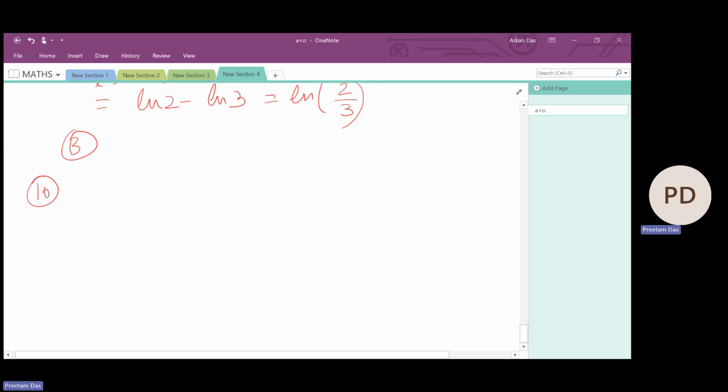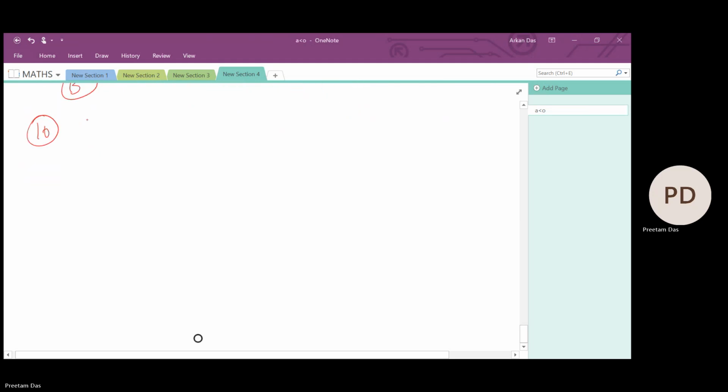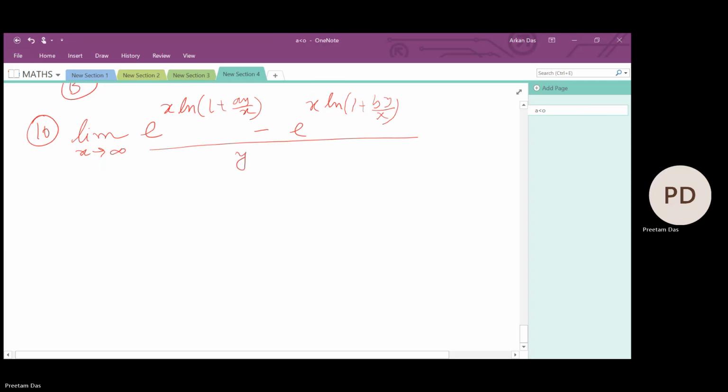Let us solve the 10th question. X tends to infinity. So e raised to x ln 1 plus ay by x minus e raised to x ln 1 plus by x, by y.